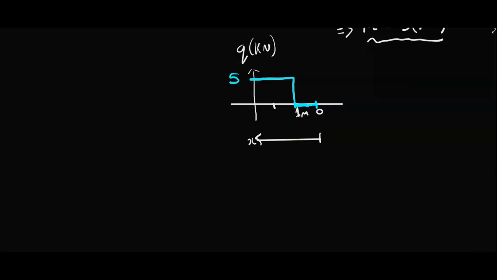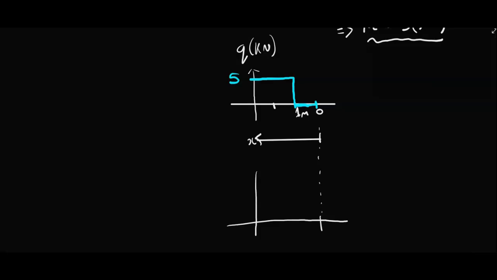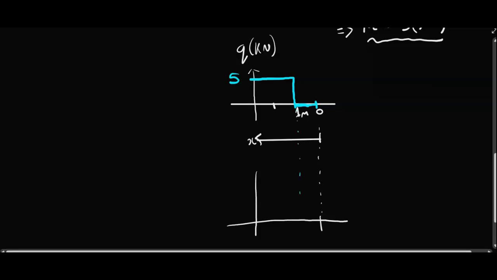bending moment. Let's just sketch our axes. Same thing again, we'll sort of line them up. So this would be the starting point, end of the beam. And we can get rid of that bit if you like. And then we will put on this point here and this point here.